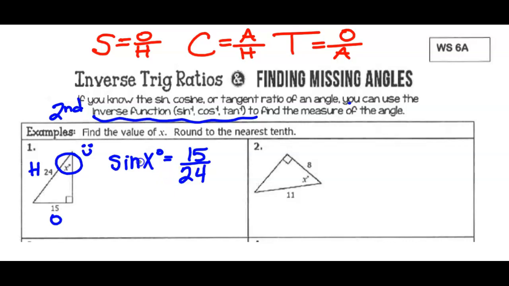Now, to undo this and find the angle, that's when we use the second sine or the inverse sine on the calculator. So we are going to type second and then sine and then 15 divided by 24. Now we need to be in degree mode.